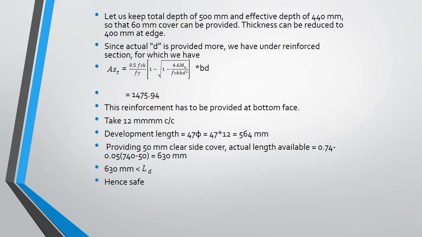For this, the area of steel required is 1475.94 mm square, and hence we provided reinforcement of 12 mm diameter bars. Development length obtained is 564 mm, which is less than the available length, hence it is safe.